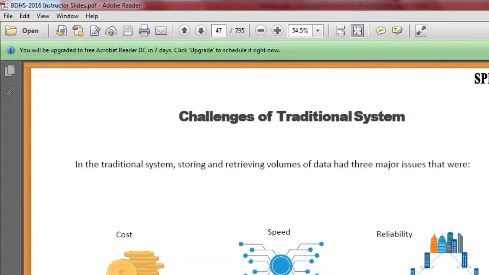The third thing is reliability. Let's say you have multiple data centers across different geographies, and sometimes there is a challenge.